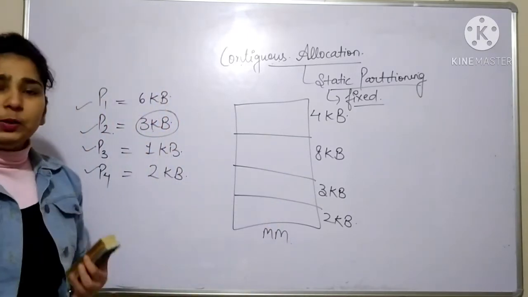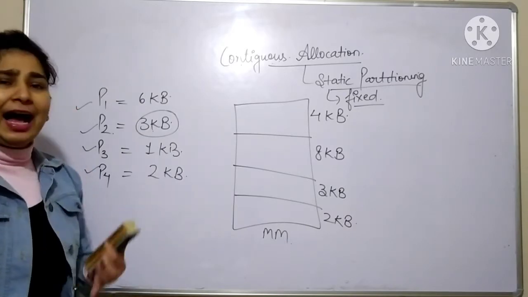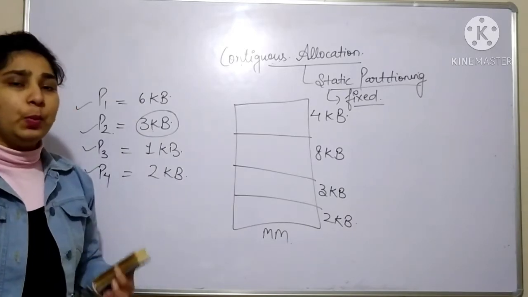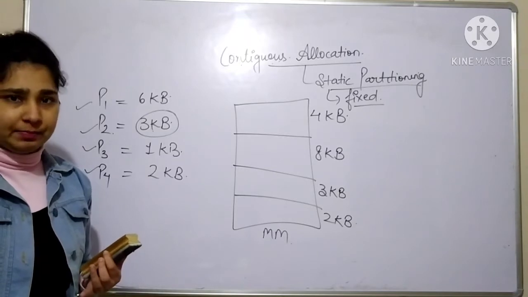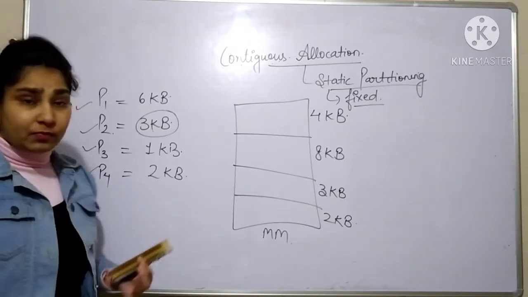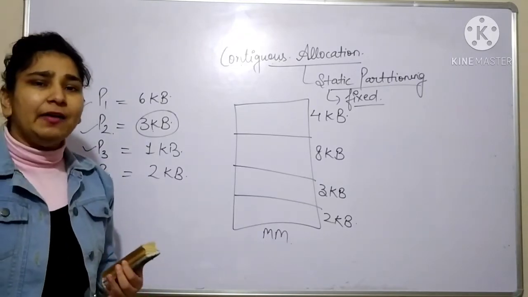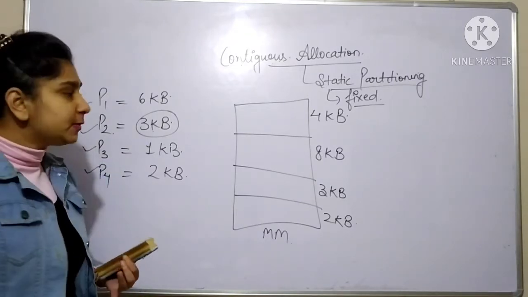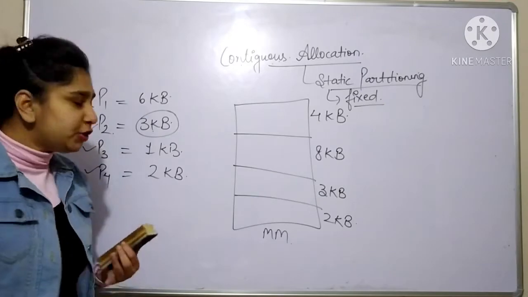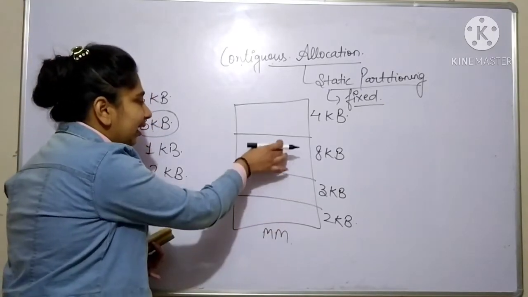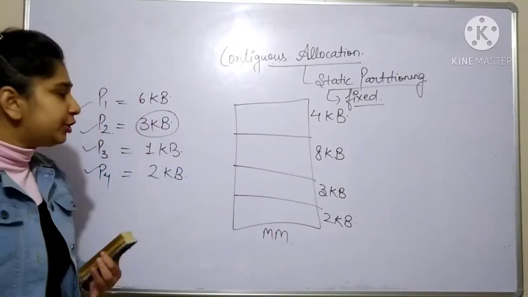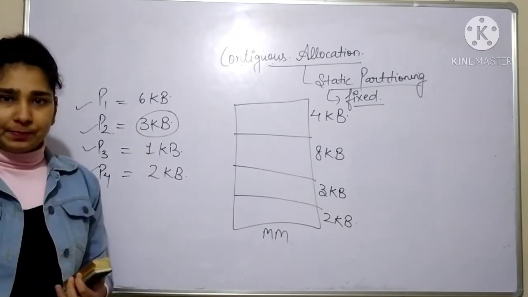So what do we have to do? We have to reduce the wastage of main memory. We have some algorithms with the help of which we can assign main memory to the processes.